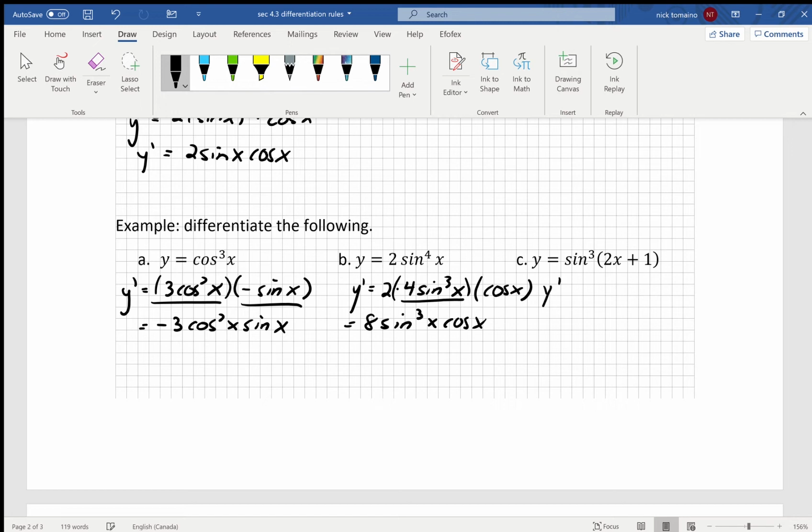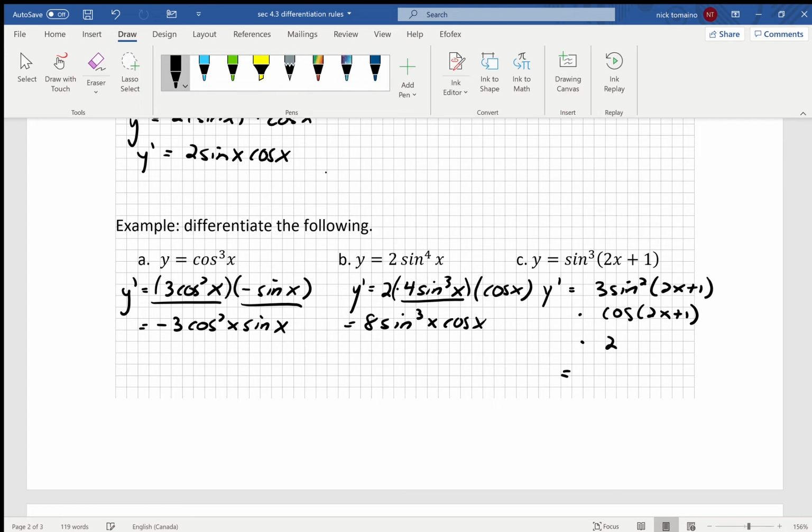So derivative is equal to, I'm going to write them like 1, 2, 3 underneath. So derivative of the first one is going to be 3 sine squared 2x plus 1. That's part 1. Times the derivative of sine 2x plus 1, which is going to be cos 2x plus 1, times the derivative of the angle, which is 2.